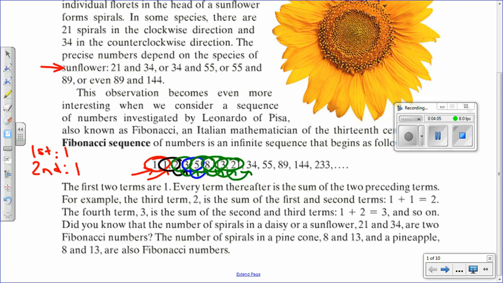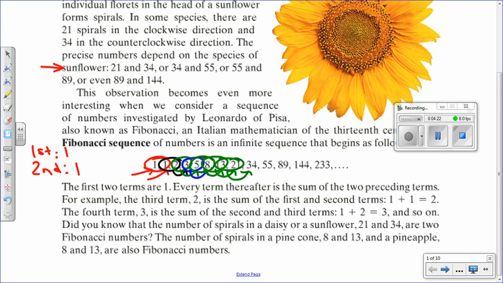Do you know where he came up with this? The first nature that he observed? Rabbits giving birth to other rabbits. That's why you start with a 1 and a 1, because you need a male and a female rabbit.